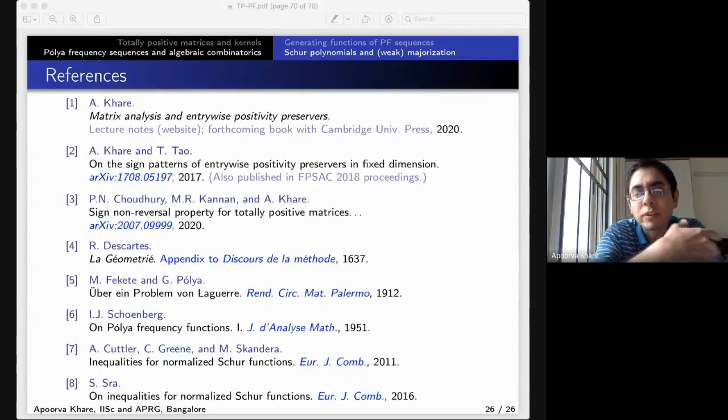It has letters written by Schur to people, and by people to Schur. It's a fascinating historical and mathematical document, and there are some recent papers by other people as well, including collaborators or students, in that volume.